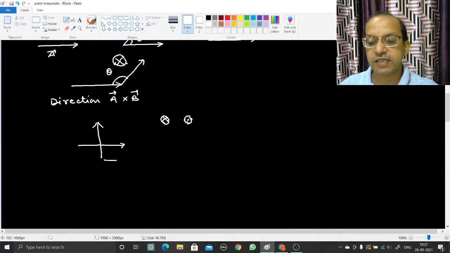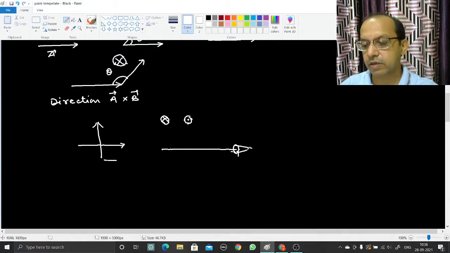To understand these two more clearly, we draw an arrow. This is an arrow, and we draw the arrowhead like this, in the shape of a cone. Here also we can draw the tail like this.